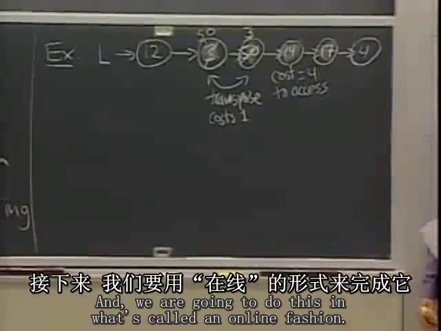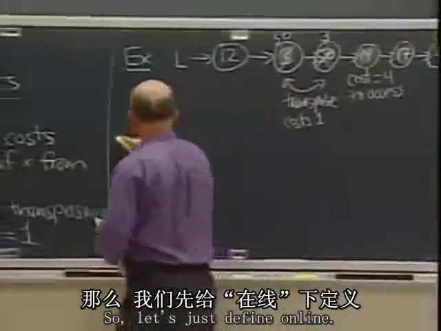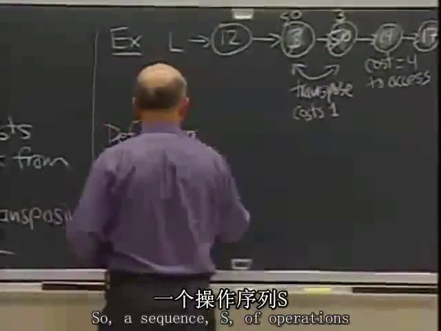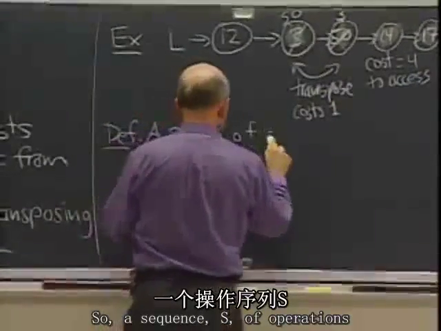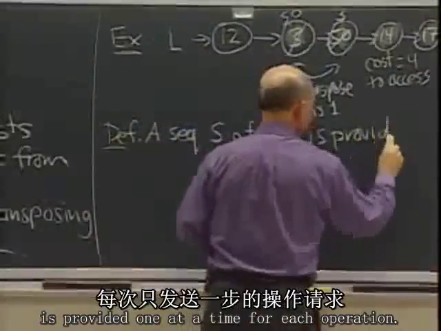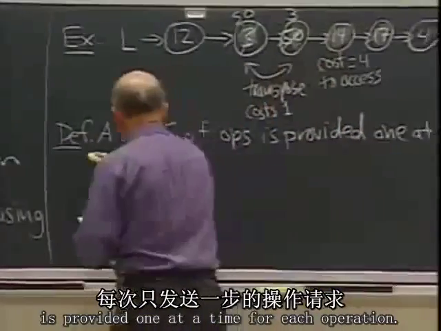And we're going to do this in what's called an online fashion. So let's just define online. So a sequence S of operations is provided one at a time.